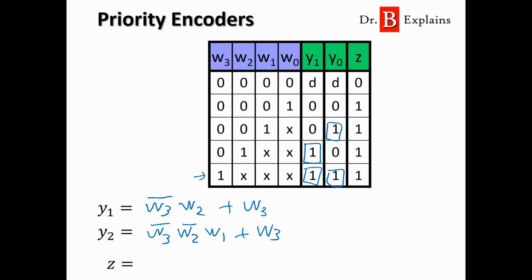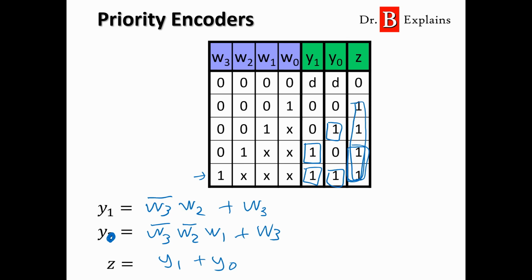What about the C? C will be similar. So for C, we have all of these cases. Or you can say, whenever I have Y1, which is these two, or whenever I have Y0, actually, this is Y0 and this is Y1 and this is Y0.